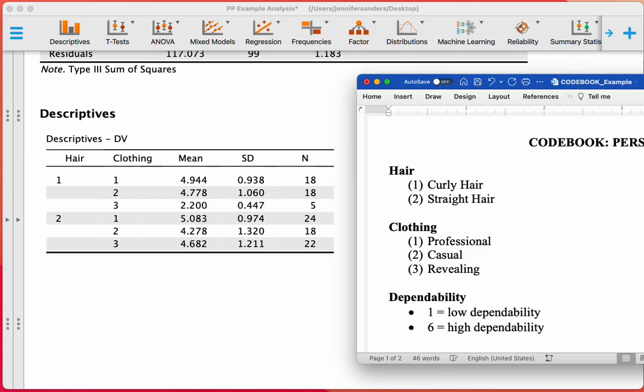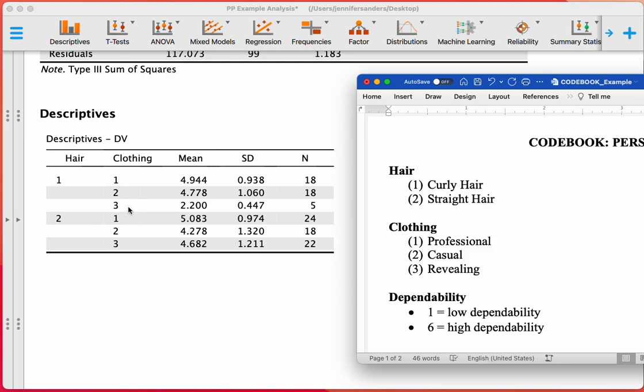So here's my codebook. Curly hair was coded as 1 and straight hair was coded as 2. So this is curly hair and straight hair. And clothing was 1 was professional, 2 was casual, and 3 was revealing. So this is curly hair with professional clothing, curly hair with casual clothing, and curly hair with revealing clothing.